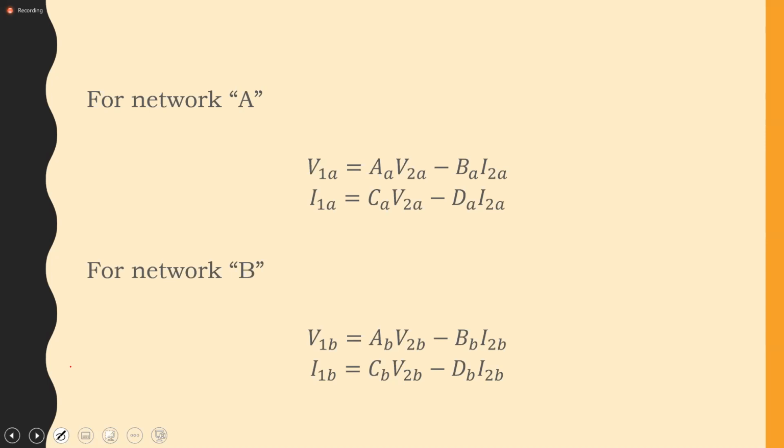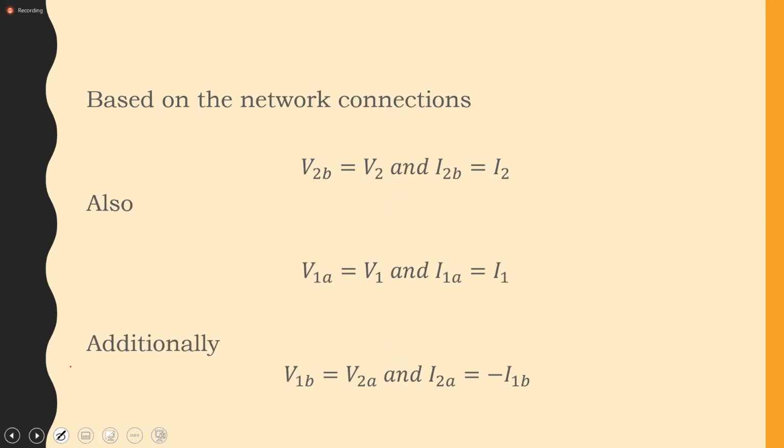Now, once I have these defined for the network, I can look back at the connections and what we said earlier in terms of what was equal to what. We can just note those and then make the substitutions.